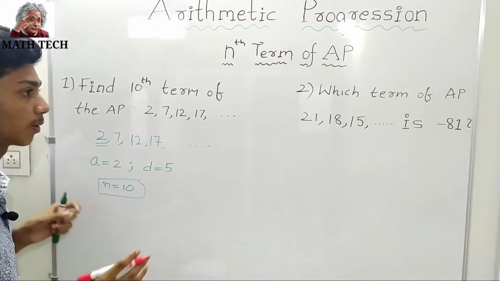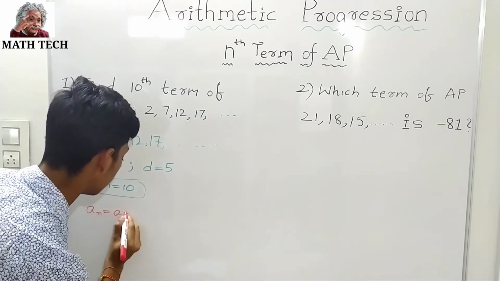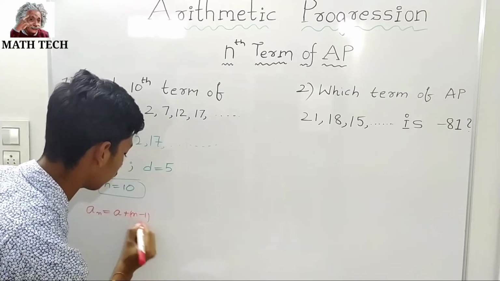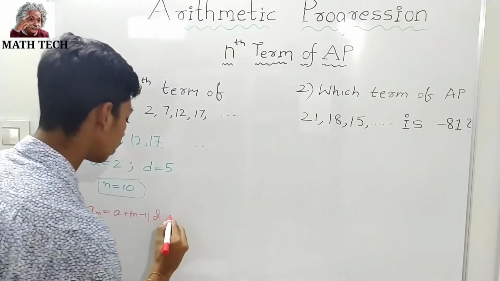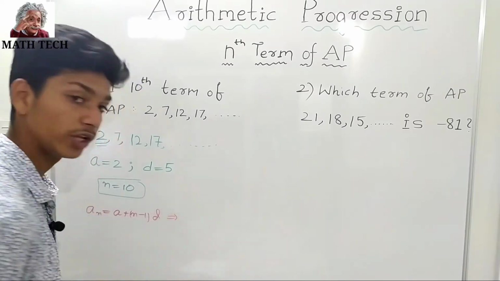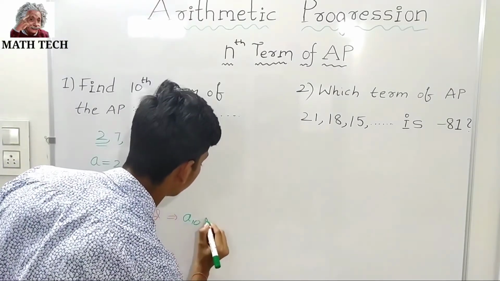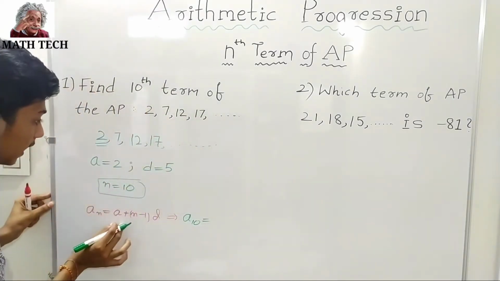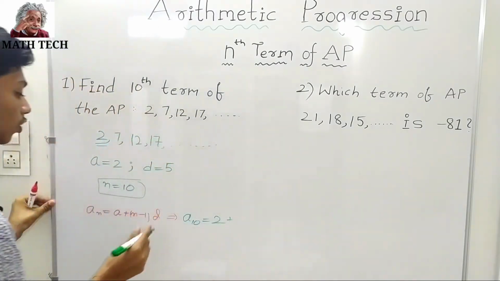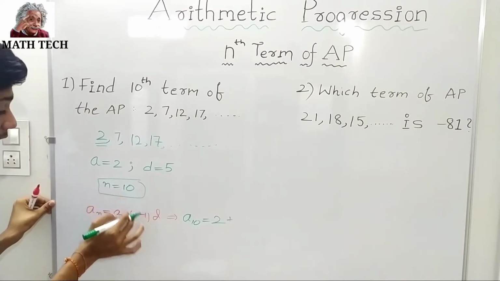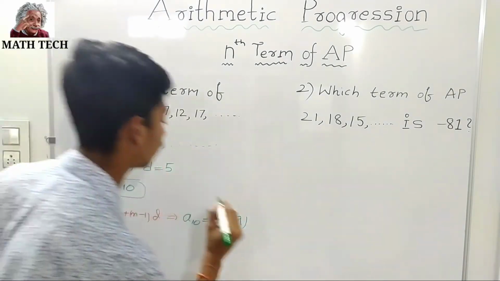Now let's apply the formula. An is equal to a plus (n minus 1) d. A10 is equal to, A is 2, plus (10 minus 1, that is 9) into d, the value of d is 5.